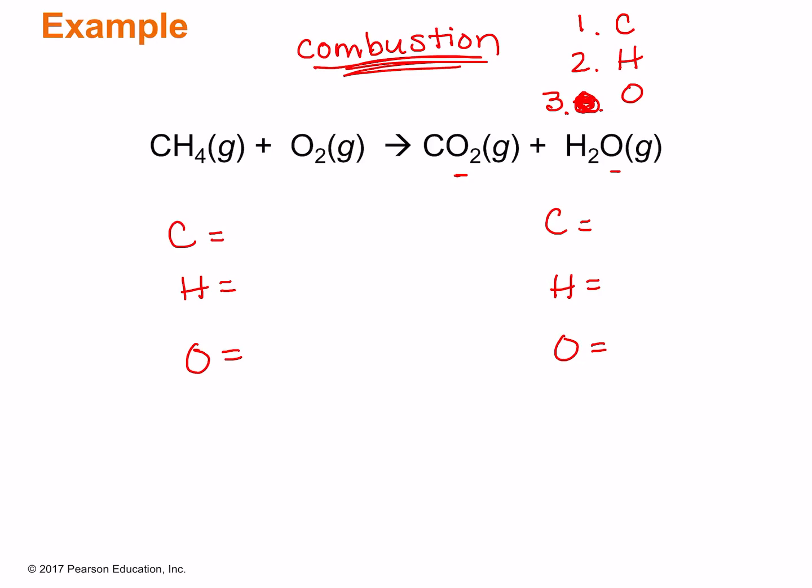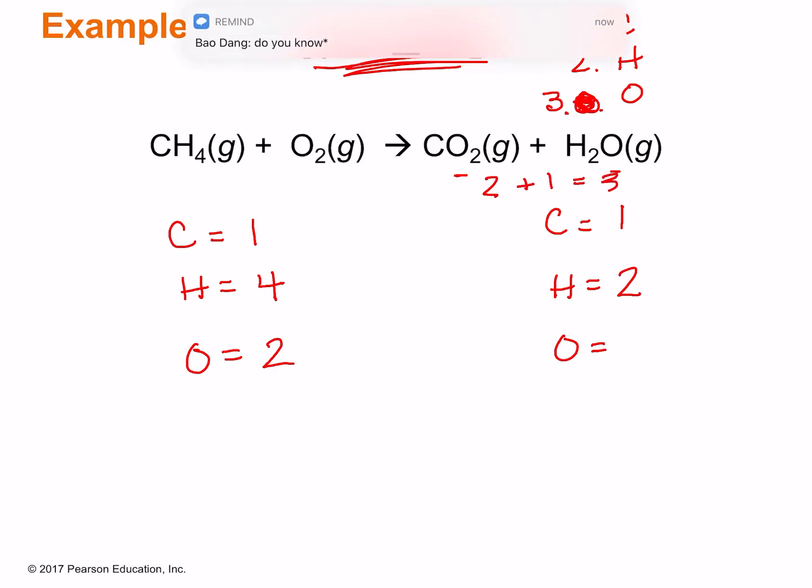So let's go through and do our atom counts. On the reactant side, we have 1 carbon, we have 4 hydrogen, and we have 2 oxygens. On the product side, we have 1 carbon, we have 2 hydrogens coming from the water, and then we have 3 oxygens total. We have 2 from the carbon dioxide and 1 from the water, which gives us 3.